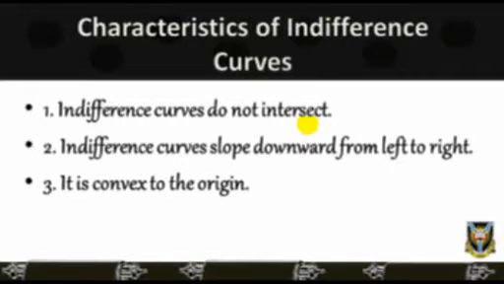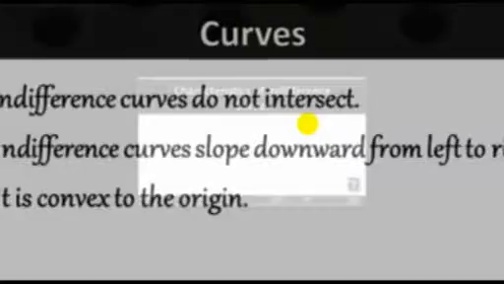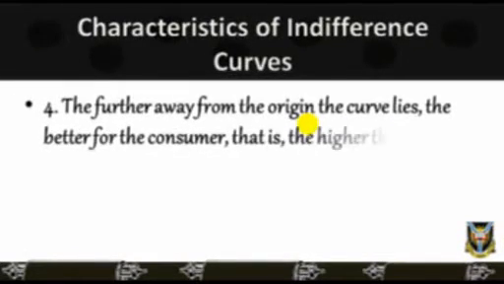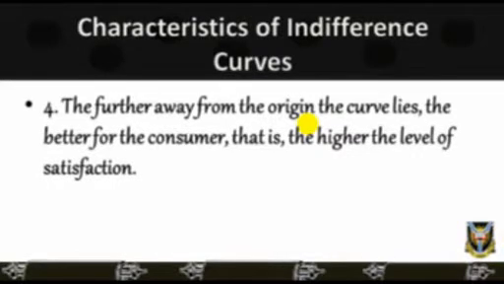It is convex to the origin. This is because the commodities are not perfect substitutes, neither are they complements, and as one moves along the curve from left to right, there is a diminishing marginal rate of substitution. 4. The further away from the origin the curve lies, the better for the consumer, that is, the higher the level of satisfaction.